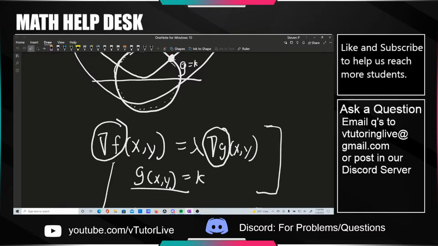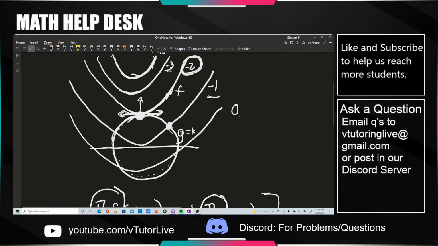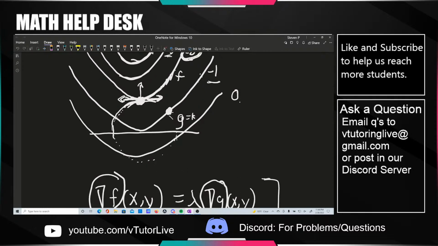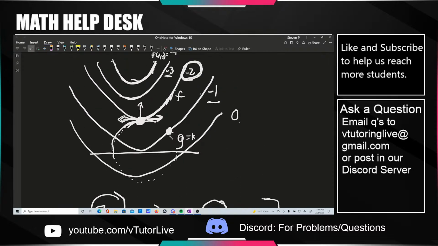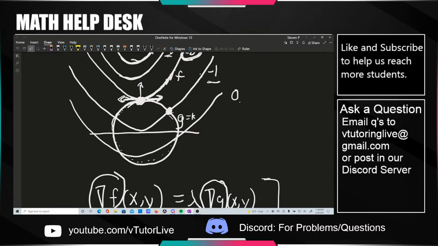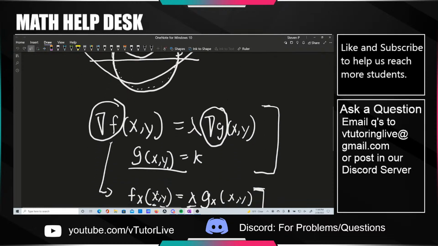Like, if you had no constraint at all, if you just didn't have g of x comma y, that basically means the circle would disappear. And then you would say that there really is no minimum because this function can just keep on getting more and more negative, right? So you need to be sure that whatever system you throw the Lagrange multiplier at has a minimum in the first place. Otherwise, it might spit out a nonsensical answer.